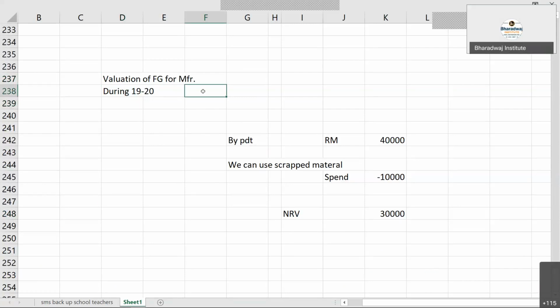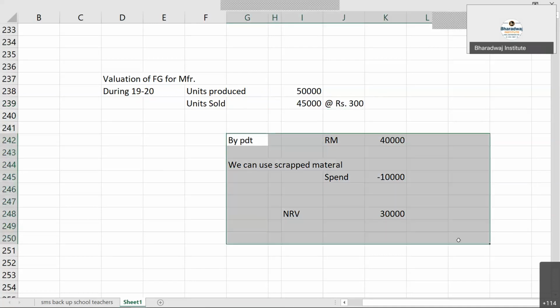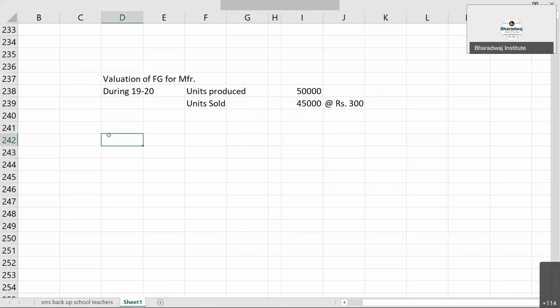During 1920, units produced 50,000. Units sold 45,000 at the rate of rupees 300. Please take up this problem. It can be tested in MCQ or for 2 or 3 marks.